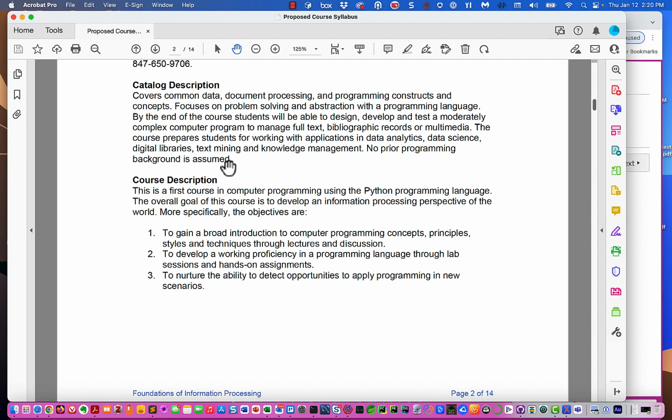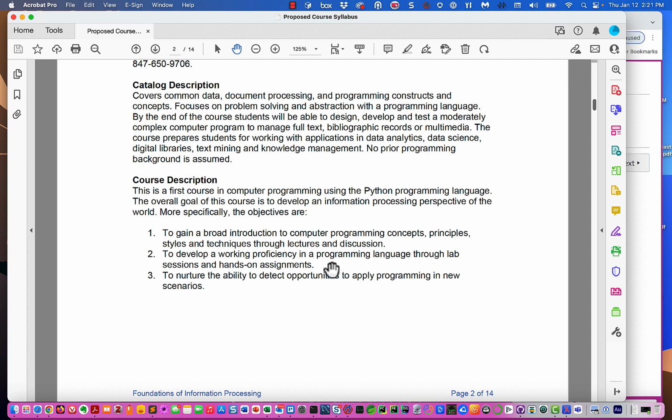So you can read the catalog description, but this says, this is the first course in computer programming using the Python programming language. The overall goal of the course is to develop an information processing perspective of the world.